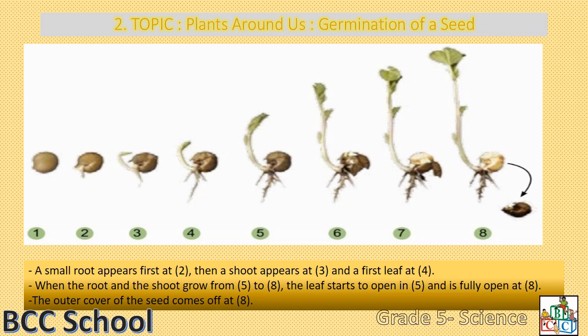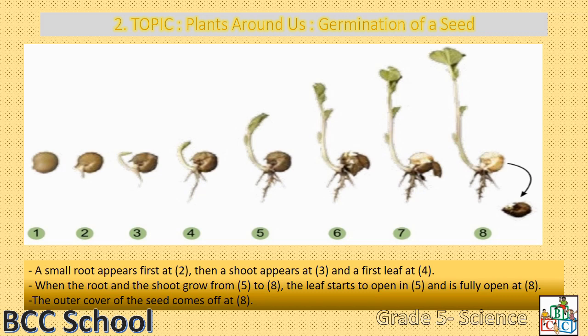A small root appears first at 2, then a shoot appears at 3, and a first leaf at 4. So in the picture we can see in part 2 there is a small root. In part 3 there is a shoot, and part 4 there is a first leaf.